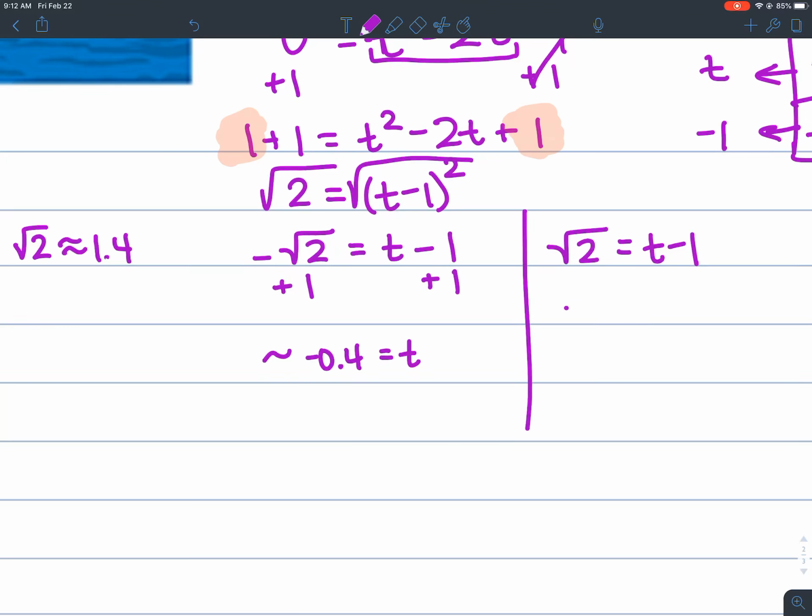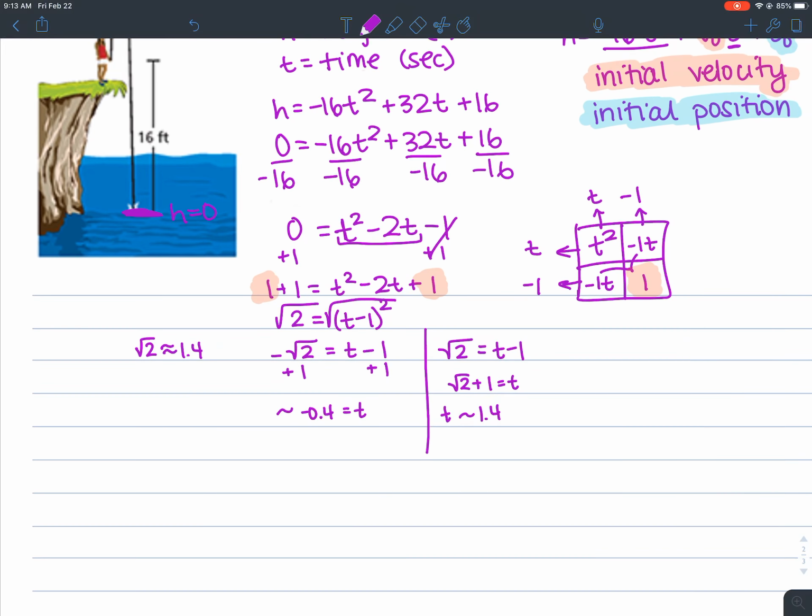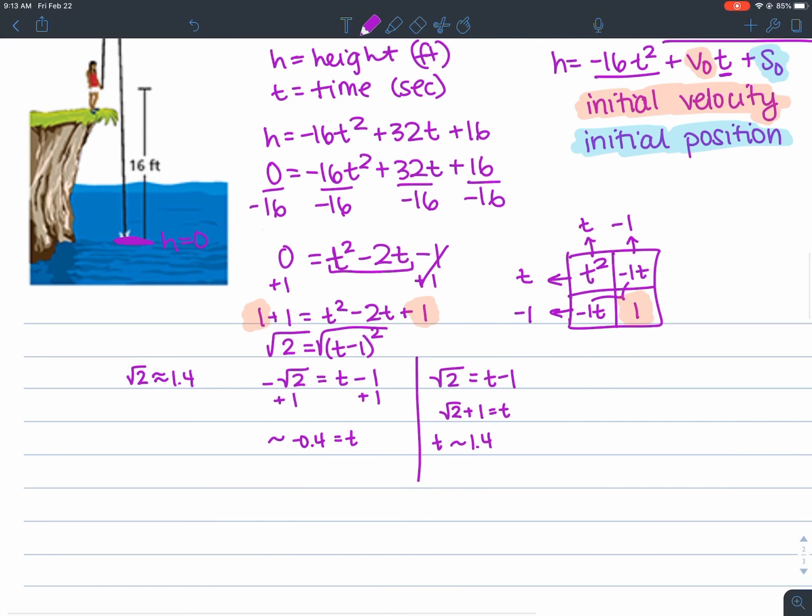And then this one would be square root of 2 plus 1 is t, which is roughly 1.4. So in the context, which one makes sense? We're going to go with this option, or this one would be our exact answer because it has the square root. We're not rounding. This one does not make sense because we would have to go back in time.